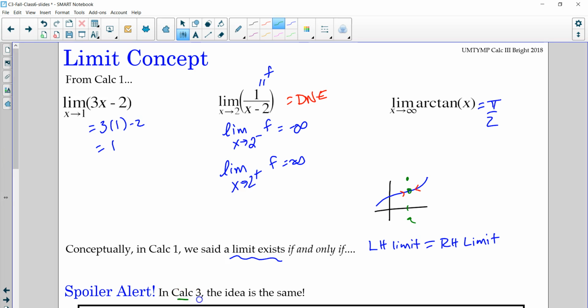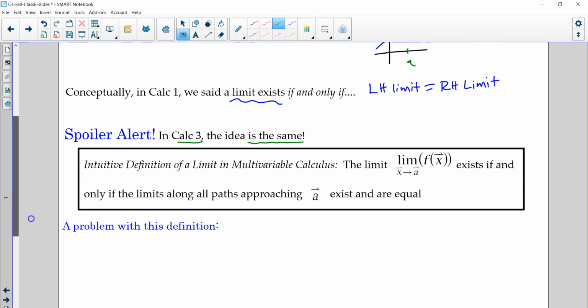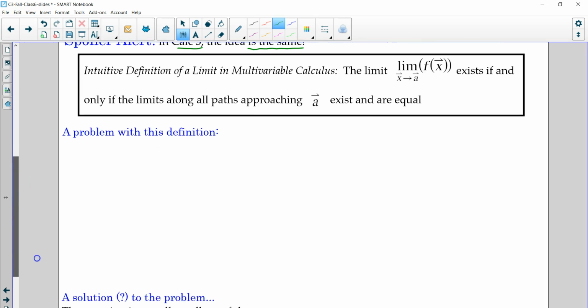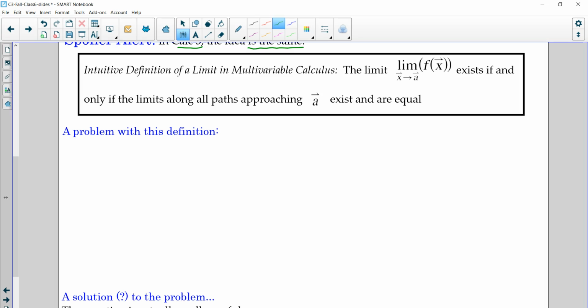When we go into Calc 3, the idea is exactly the same. For at least our intuitive understanding, a limit exists if and only if the limit is the same along, and here's a new phrase, along all paths approaching that point.